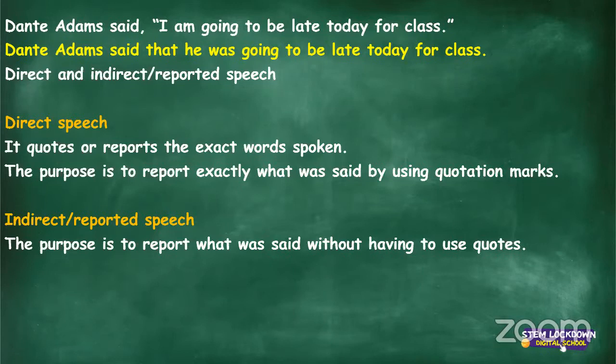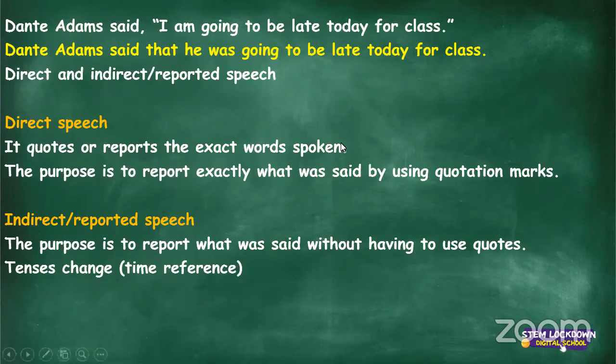And I think it's Portia, she mentioned something very interesting, that one is past tense and the other one was present tense. So that's what happens with indirect speech. The tenses change, okay? An example would be, from the first sentence that I gave you, "I am going to be late today for class."